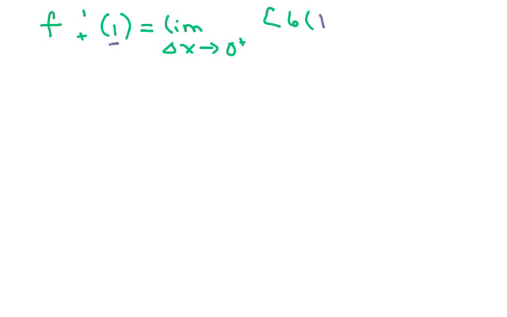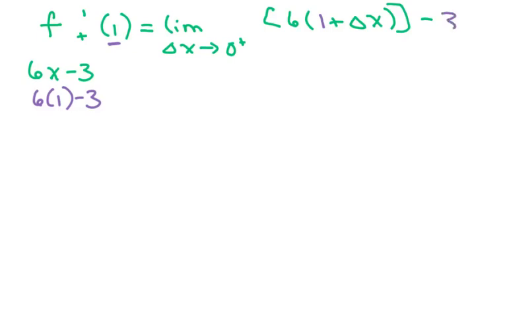So it's going to be 1 plus change of x, minus our f of 1. Recall this one was 6x minus 3, so we plug in 1, and that gives you minus 3 here, all over our change of x.